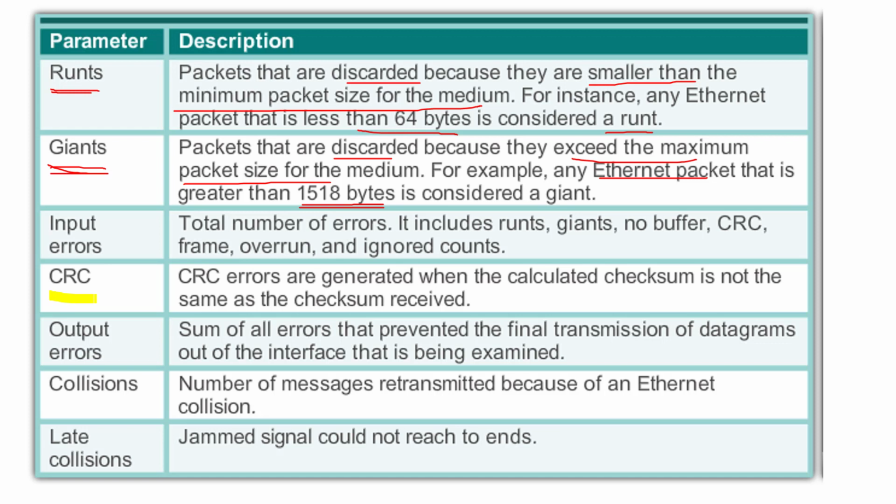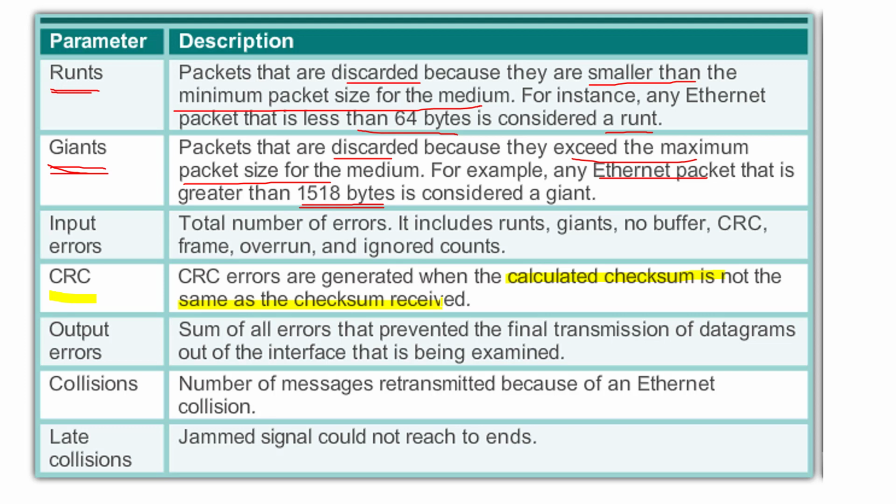Now you can see CRC errors are generated when the calculated checksum is not the same as the checksum received. A frame is coming to the switch. The switch is going to calculate the CRC for it. There is already a CRC available inside the frame.